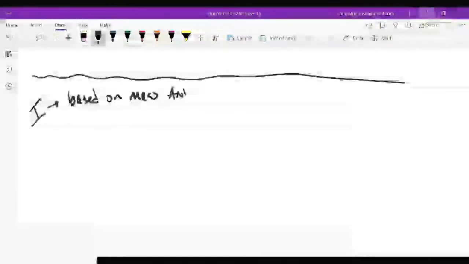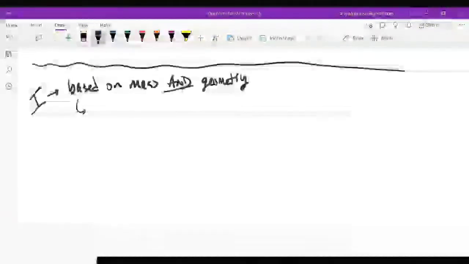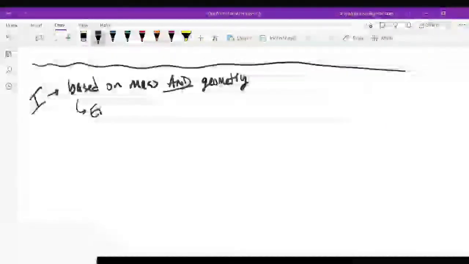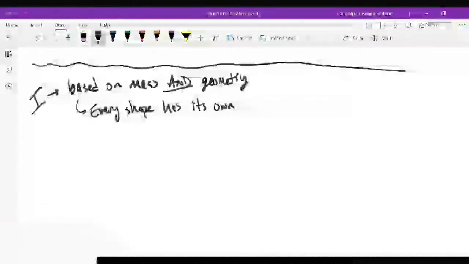Because of that, every shape has its own moment of inertia. So what we do is we look them up in charts, in tables. You look up the moment of inertia of a rod from the center versus from the side. Every shape has its own.